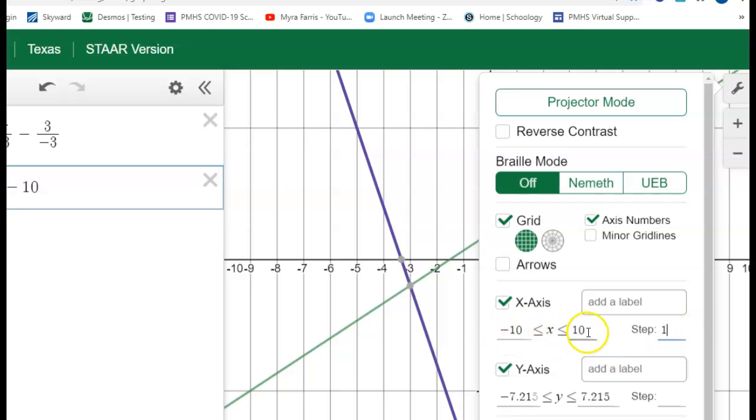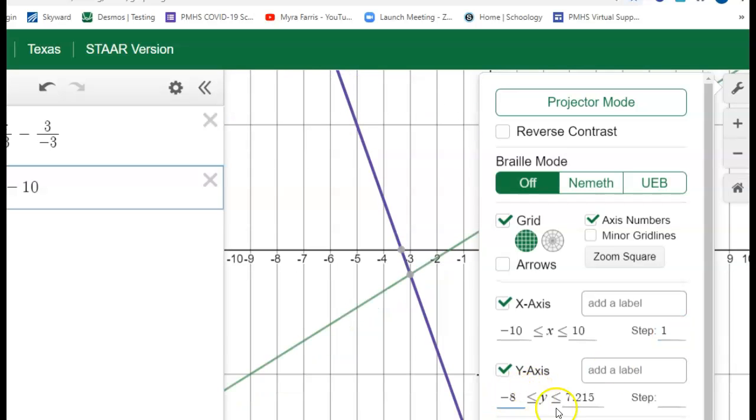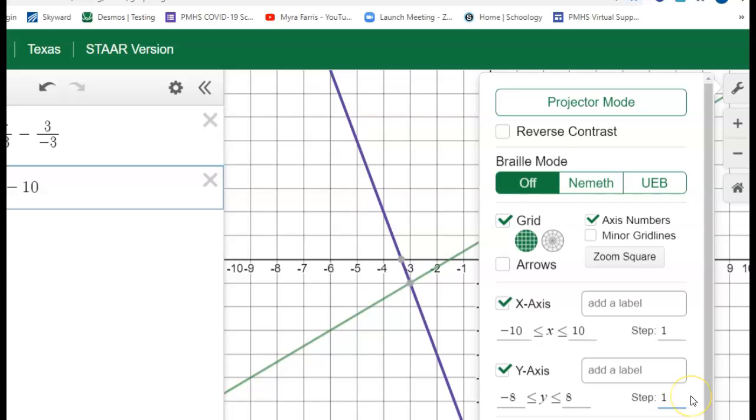The x-axis from negative 10 to 10, counting by ones. On the y-axis, I usually like to go from negative 8 to positive 8, counting by ones. This tells you your maximum and minimum on the x-axis, and this tells you what you're counting by.